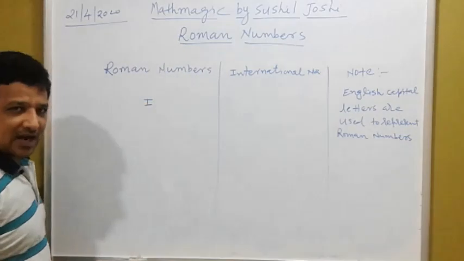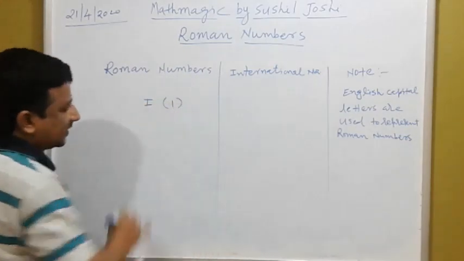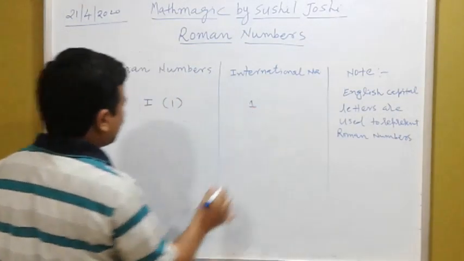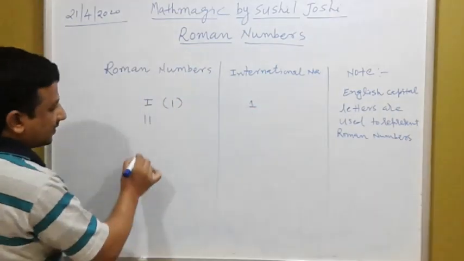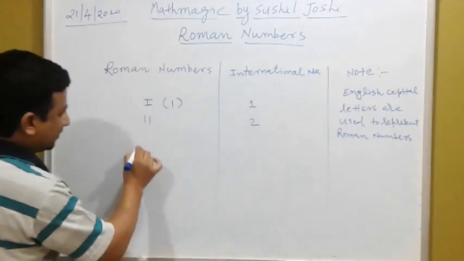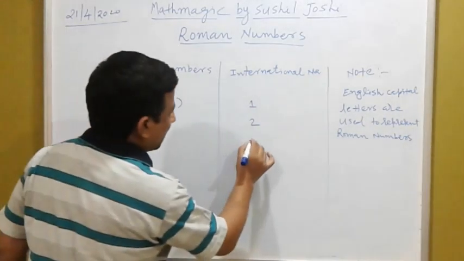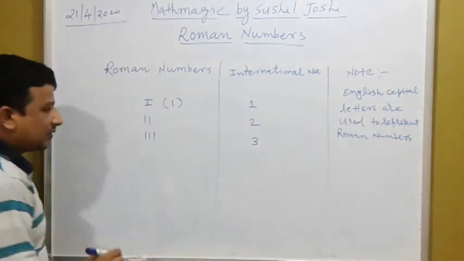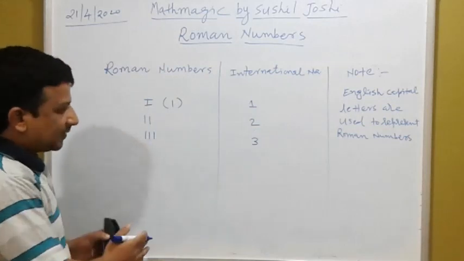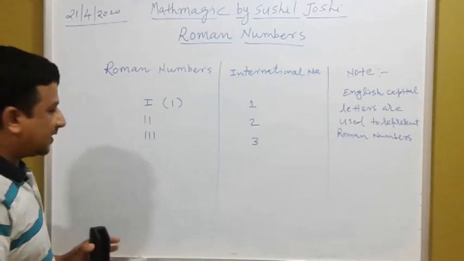The capital letter I, one line, represents 1. Two capital I's represent 2. Three capital I's represent 3. Now look here, I will first write the numbers, then I will write a few rules on how we write the numbers.